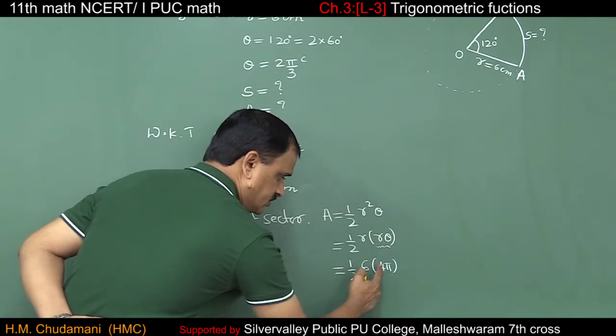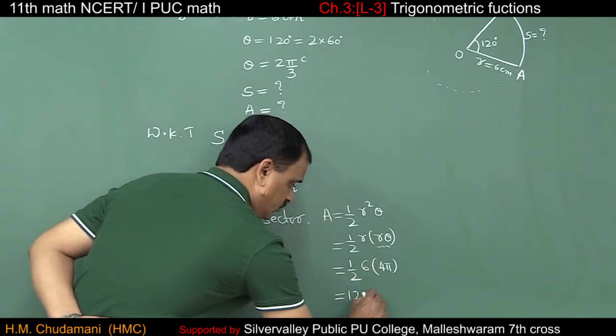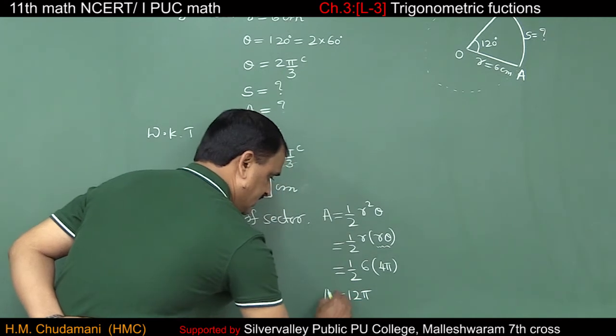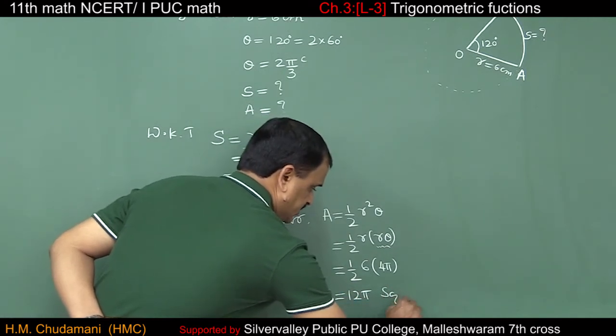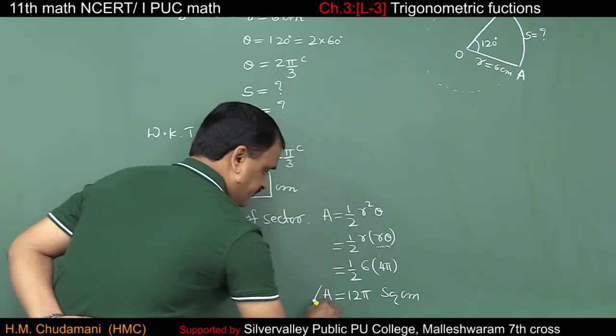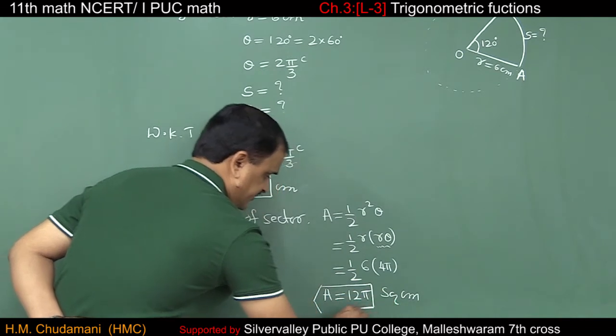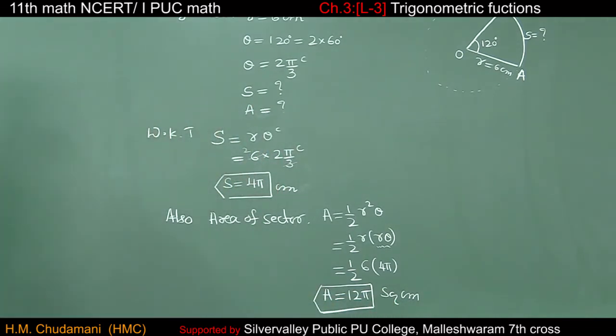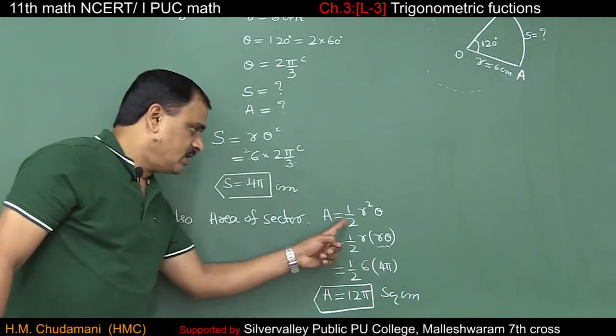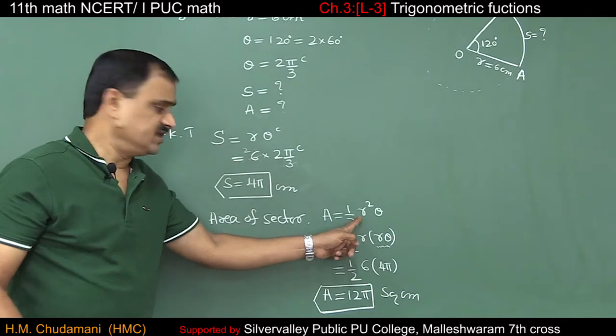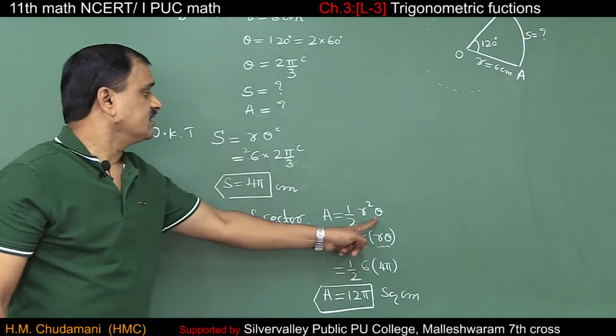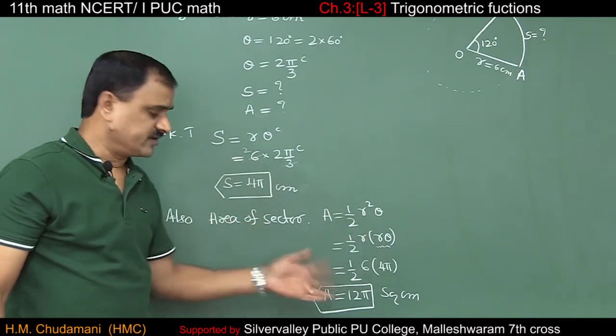Two times, 2 into 6 means 12 pi square centimeters. That is the area of the sector. Or else half into R square, that is 6 square, and theta is 2 pi by 3. You get the same thing.